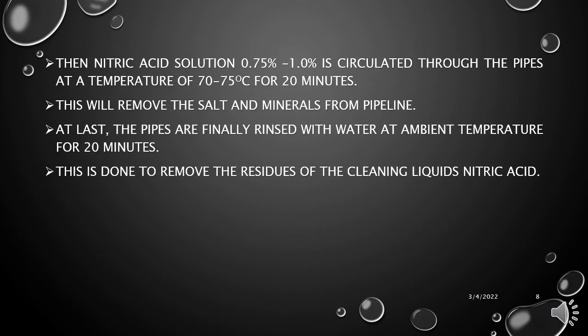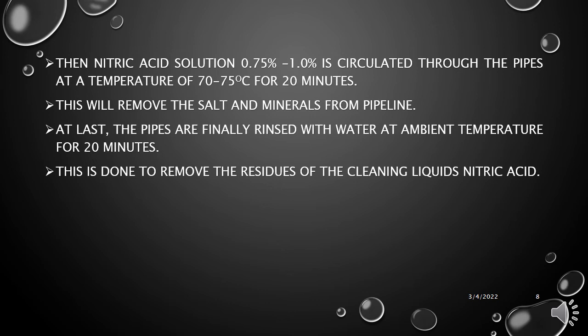After reducing caustic residues, we use nitric acid at a concentration of 0.75 to 1%. This solution is circulated throughout the pipes at a temperature of 70 to 75 degrees Celsius for 20 minutes so that all the salts and minerals are removed from the pipeline.